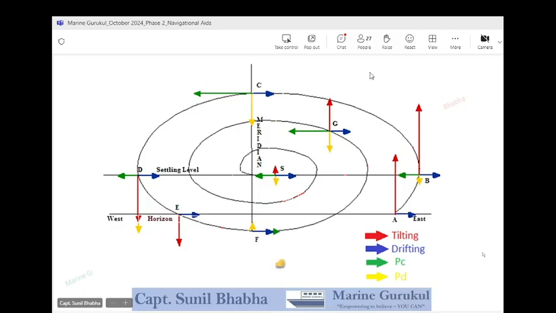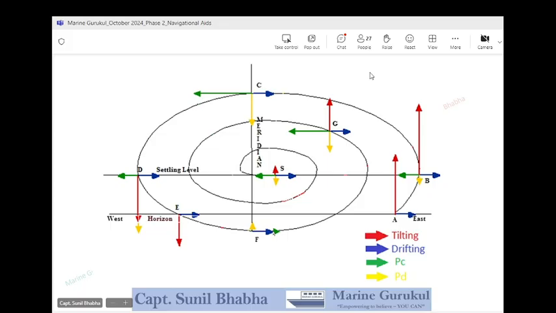Sir, at F, can you explain this drifting and PC direction? Okay, at F, beta, foxtrot. Look, beta, drifting at every location will remain easterly, 15 degrees sine of latitude. So it will remain easterly because the entire ellipse is below the pole. So it is exactly the same as it is on any other point.